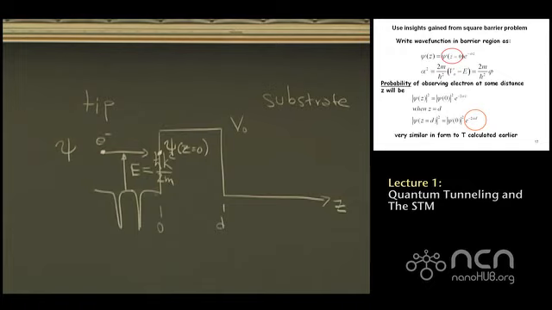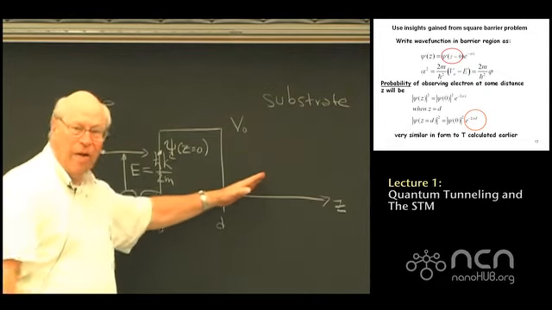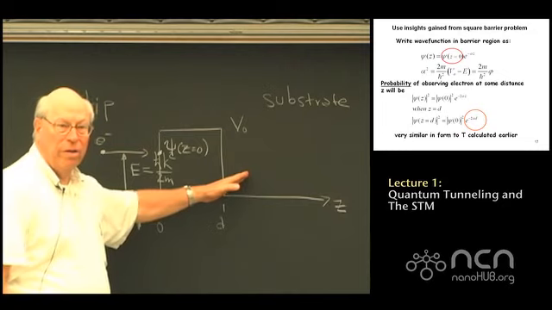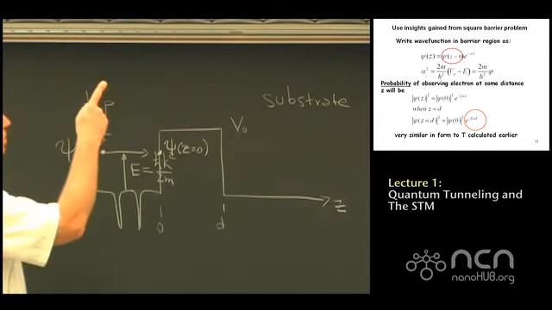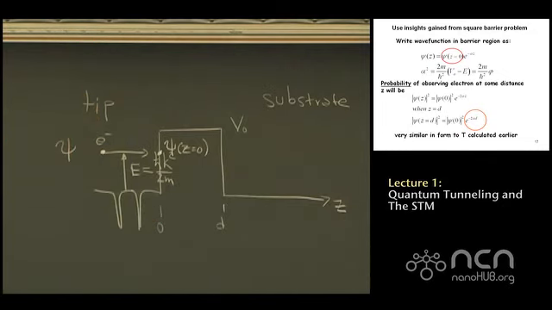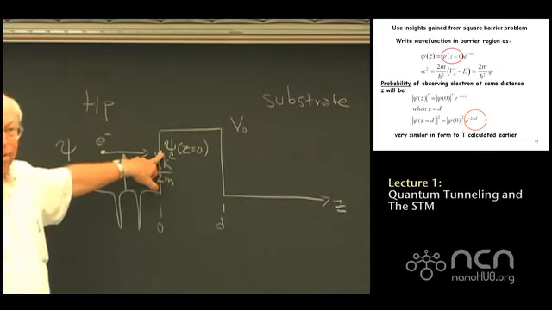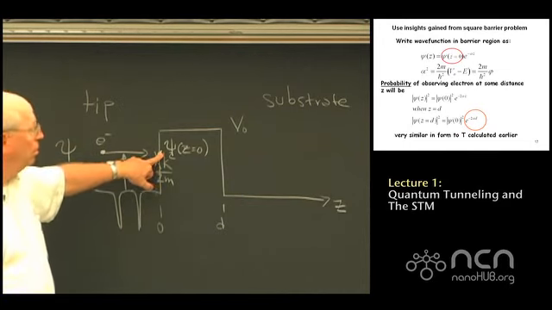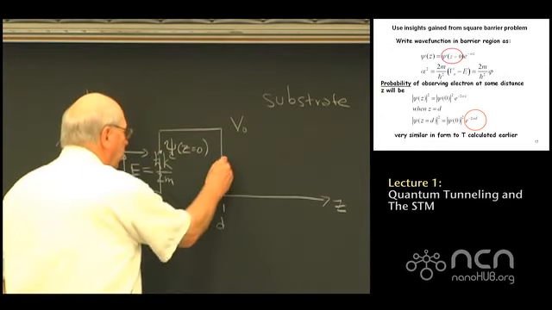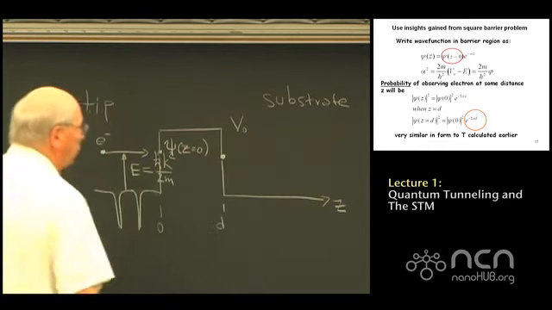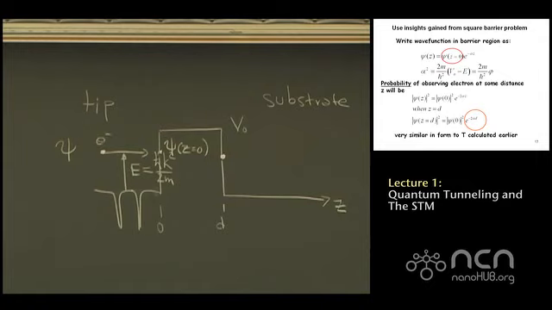So how does this wave function then vary as you move out through this tunnel barrier? Well, it turns out it varies exponentially. If I know the wave function at z equal to 0 by some very complicated calculation, I can calculate the value of the wave function at z equal to d by just saying that the wave function decays exponentially in the barrier region.